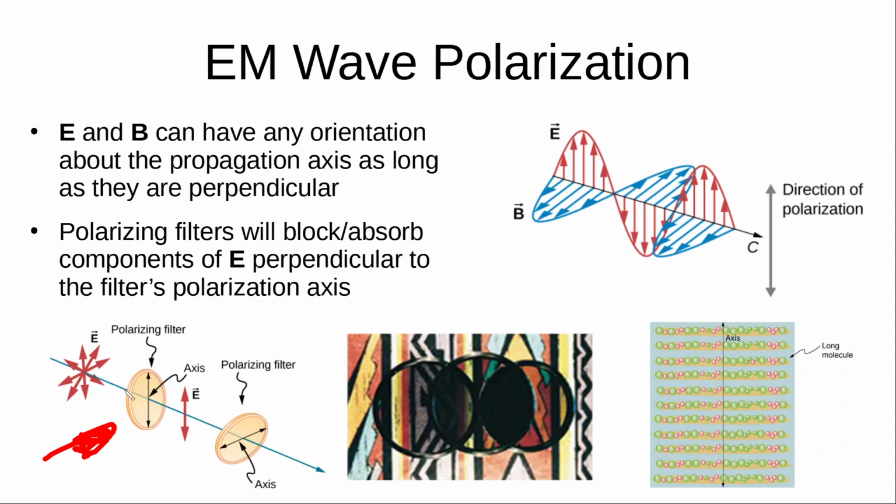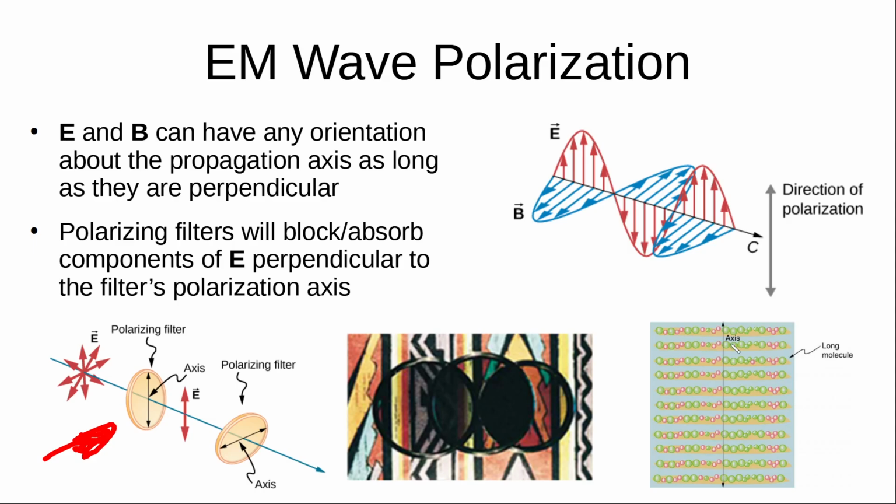And for light that is at some angle to the polarization axis, the components of the electric field that are perpendicular to the polarizing filter axis will be blocked. So part of that electric field for waves that have polarization that is partially off axis will be blocked, right? So what you get is light that is linearly polarized in the direction of the polarizing filter's axis.